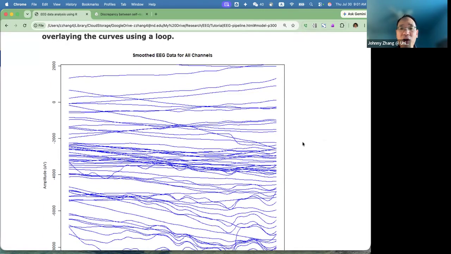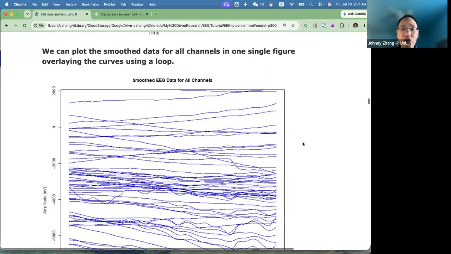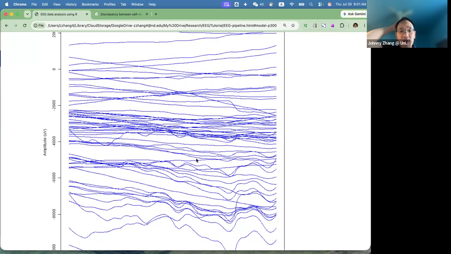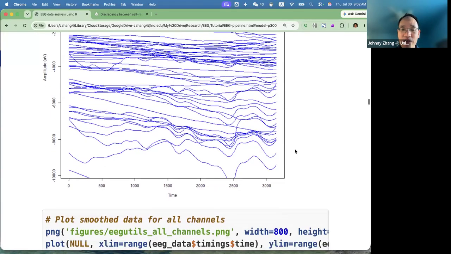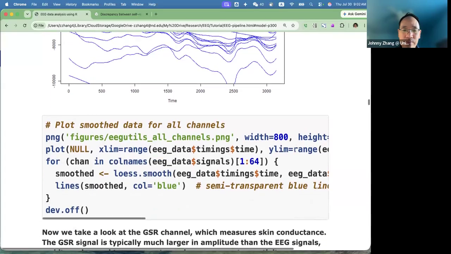This is the plot of all 64 channels, and based on this plot, we can identify potential issues with the data collection. For example, if you see a flat line, that basically means there's some issue because there's no change in the signals. It may indicate a bad electrode. You want to check that, or you want to remove it before you do any data analysis.